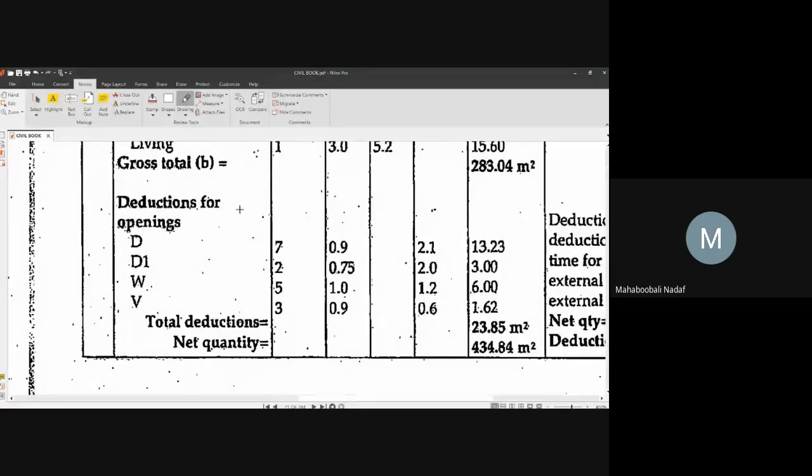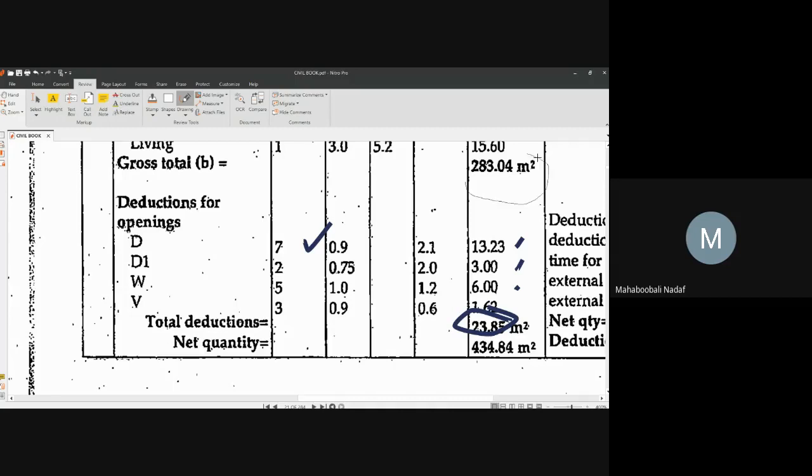How many deductions are you going to do? 7 doors, 2 times D1, 5 windows, 3 ventilators. Their schedule of openings is already given, so you do the calculation like this. Total deductions for doors, windows, ventilators is 23.85.